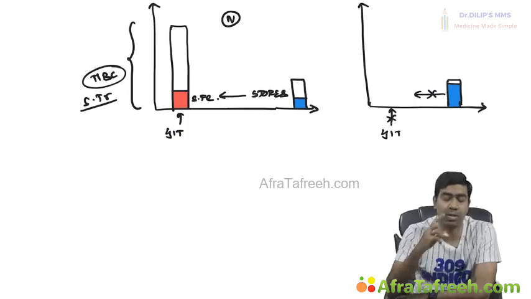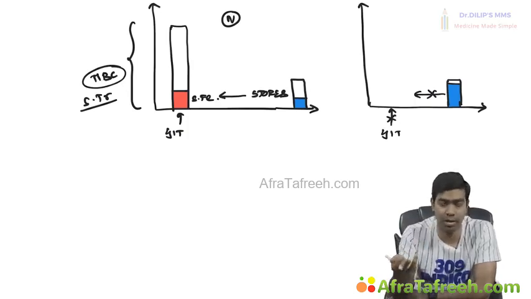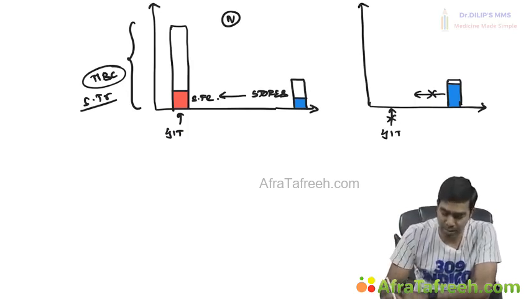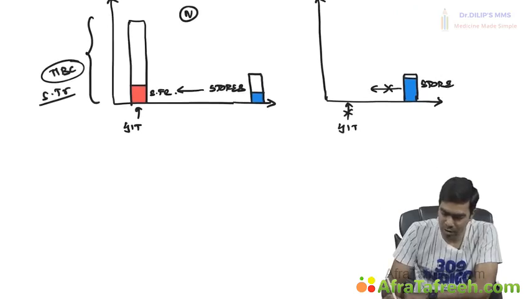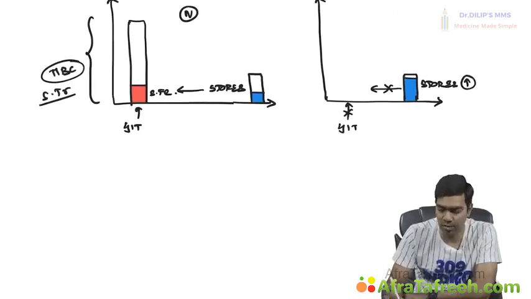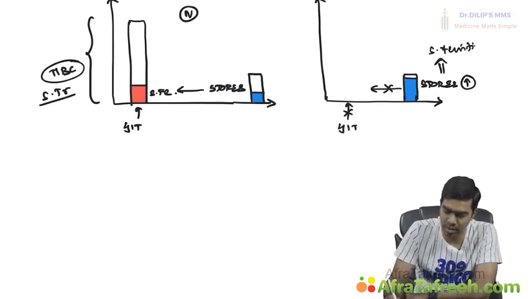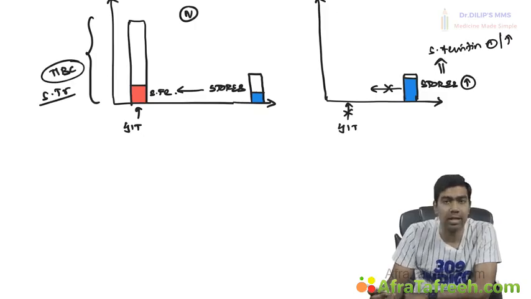So this also can't pour iron into the blood, because the stores are increased. That is the reason why your serum ferritin tends to be normal or even increased in this case.